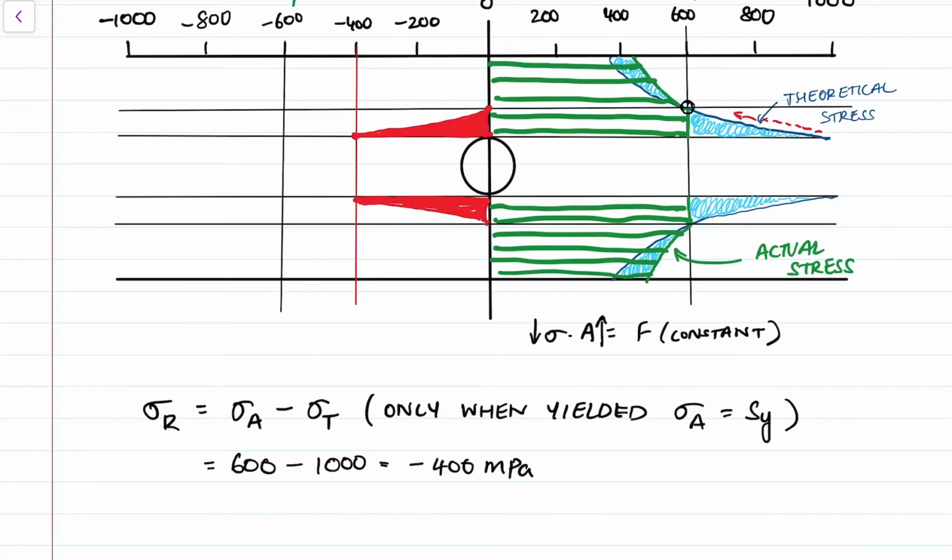Now, we're not done yet, because I said that F is equal to sigma times the area. And in our case, because of residual stresses, this value is not equal to 0. There is some non-zero value for the area, which means that F is not equal to 0. But we're sketching a plot for something that is not being loaded, right? The part is not being loaded, so F has to be equal to 0.